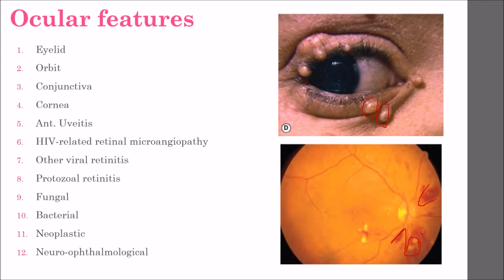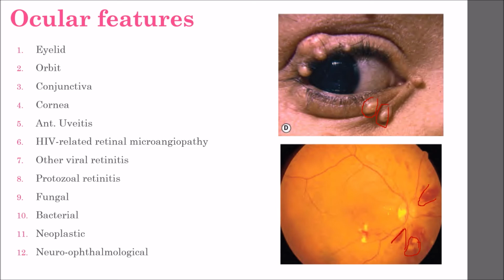And sometimes capillary abnormalities like microaneurysms. I don't see any microaneurysm in this figure, but they're very easy to identify. In contrast to cytomegalovirus retinitis, lesions are usually asymptomatic and almost invariably disappear spontaneously after several weeks.